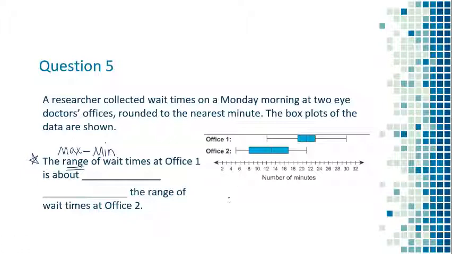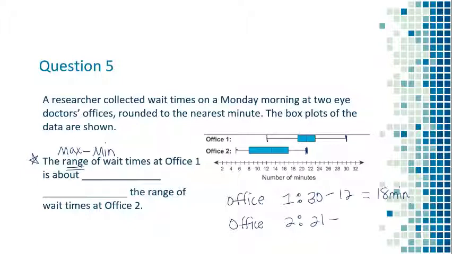So if we look at Office 1, my maximum is at 30 minutes and my minimum is at 12 minutes. So that gives me a range of 18 minutes. Now if I look at Office 2, my maximum is at 21 minutes and my minimum is at 5 minutes.